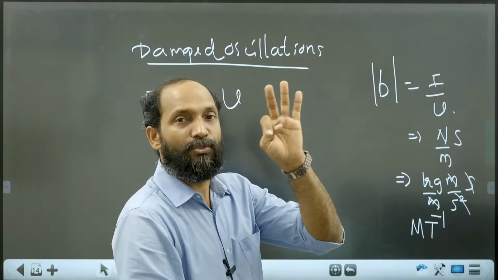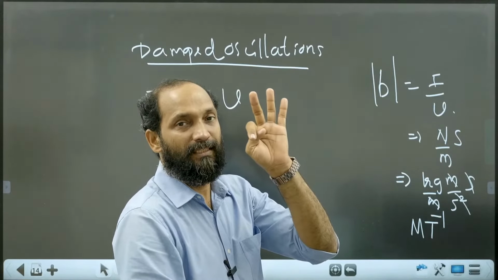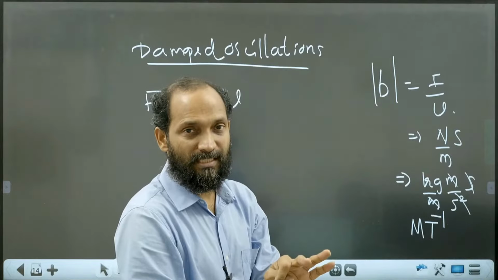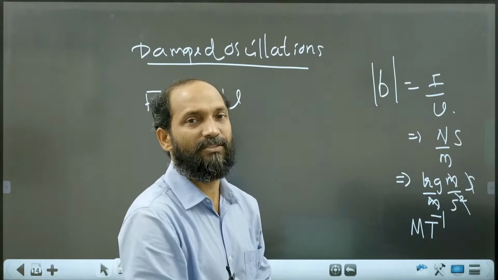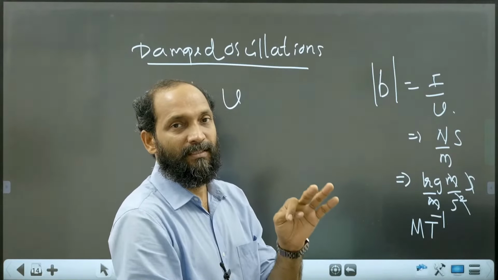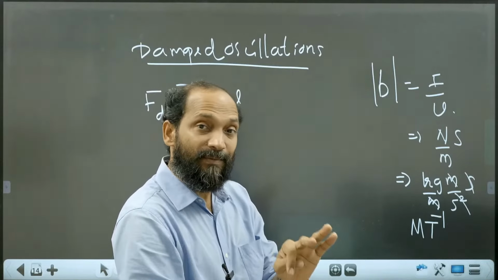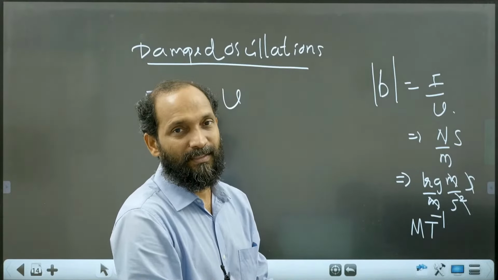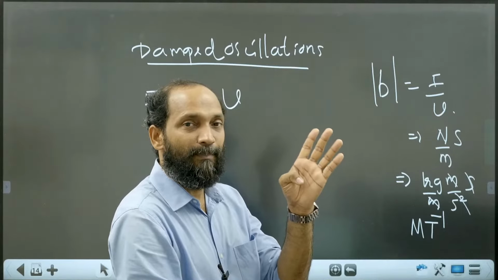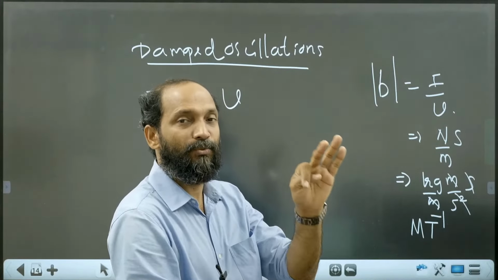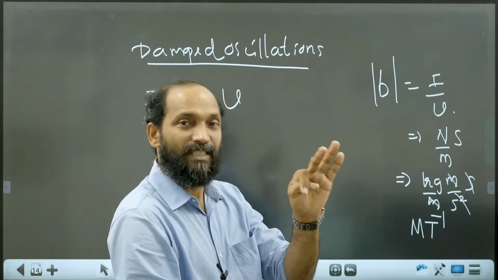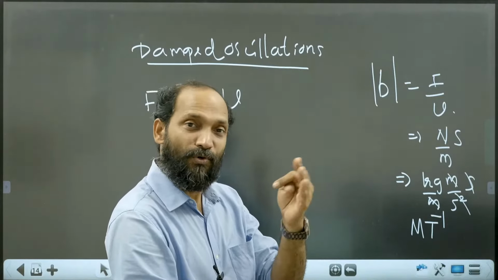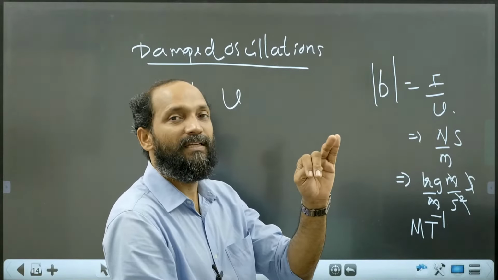MT minus 2 is force constant, surface tension. Last class we have discussed. Now MT minus 3 is intensity. MT minus 1 damping coefficient, MT minus 2 surface tension or force constant, MT minus 3 intensity.